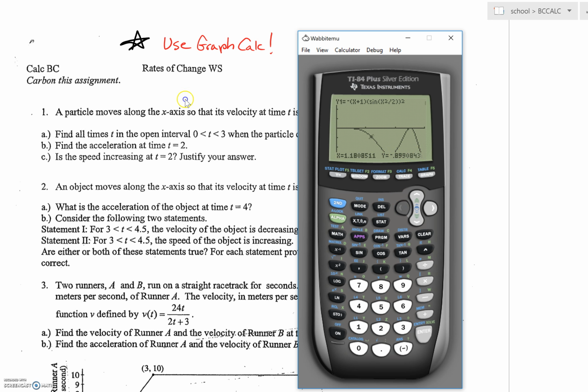That's your velocity. It's negative. As I keep tracing over here, it's still negative. And this E negative 4, that's times 10 to the negative 4th. We're getting really small. You can see it's still negative except at 0.